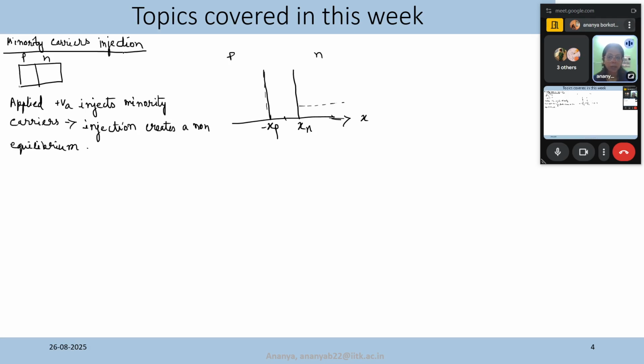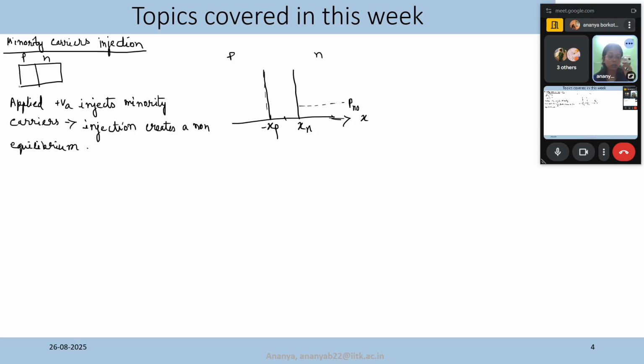We are drawing the minority carriers, and what are the minority carriers in N side are the holes. We are denoting it as Pn naught. P is the hole concentration, N is N side, naught is denoted. This is the equilibrium.